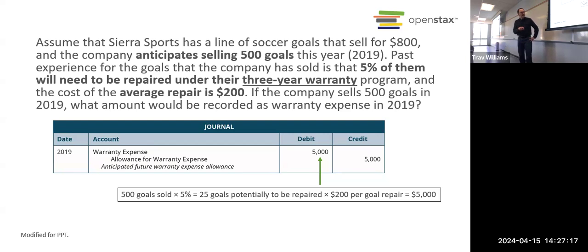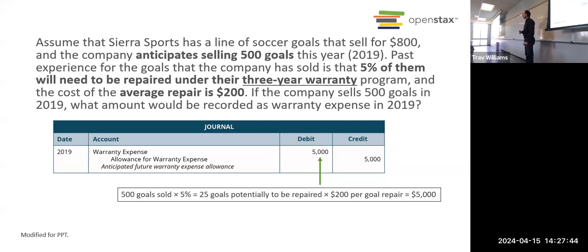So if you take 500 goals, 5% needing to be repaired, that comes out to 25 goals, times a cost of $200, that means $5,000 of warranty cost. So in the year that they sold those goals, they count that estimated warranty expense, and then they credit allowance for warranty expense.